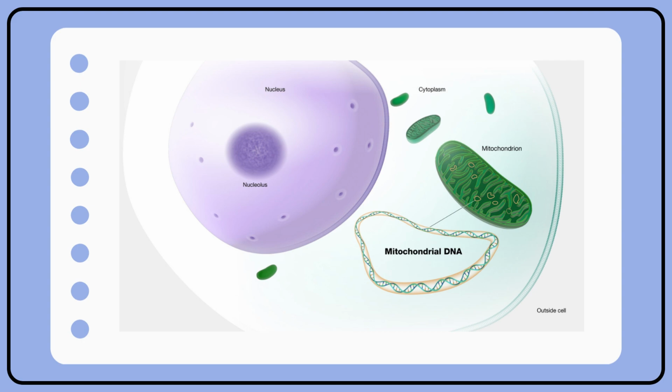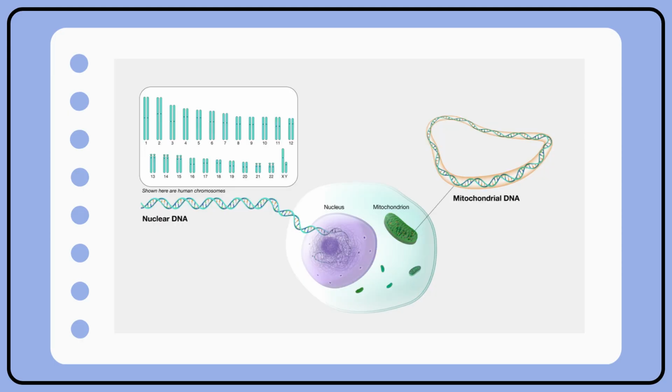Mitochondrial DNA or mtDNA is a distinct type of genetic material which is located in the mitochondria. Each human cell contains several thousand mitochondria, and each mitochondrion carries its own circular and double-stranded DNA molecule with 16.6 kilobases in length.